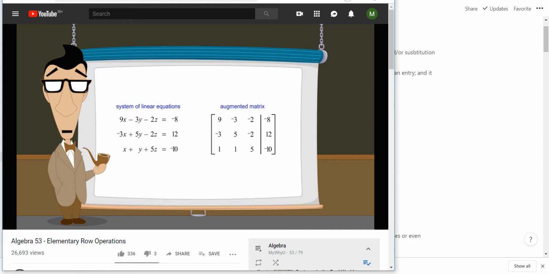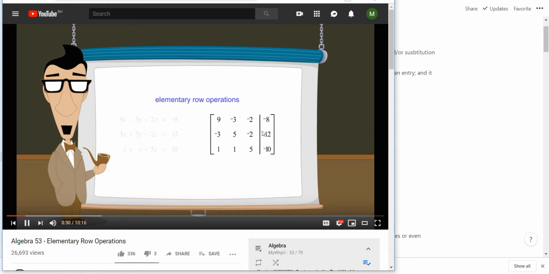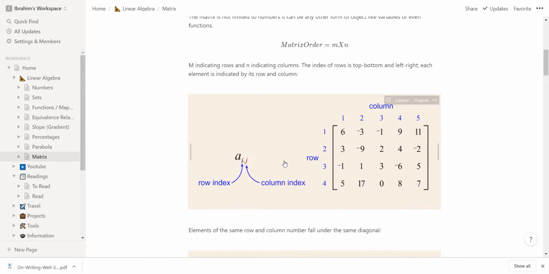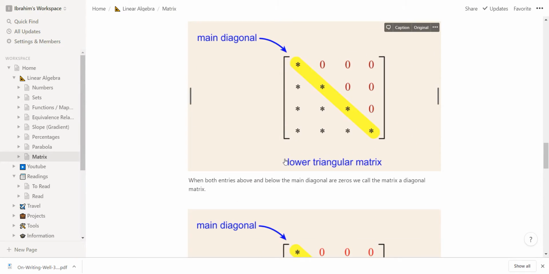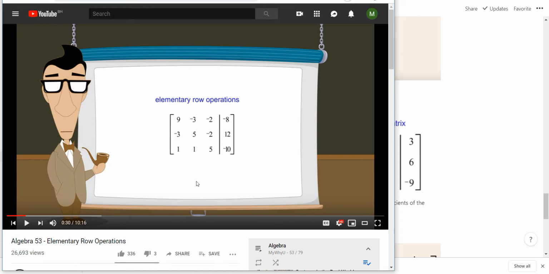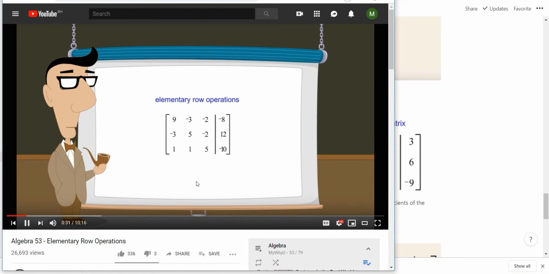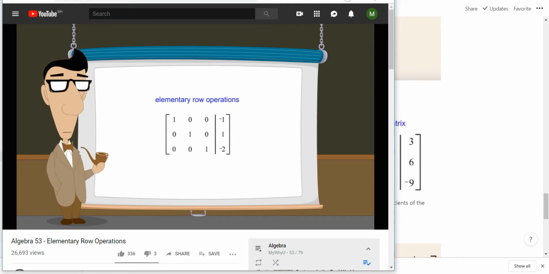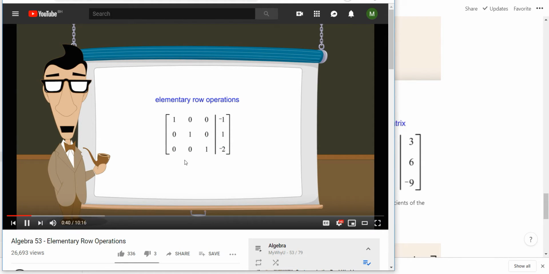In this lecture, we will introduce three matrix operations called elementary row operations, which are used to transform an augmented matrix into a matrix representing a simpler system of equations with identical solutions to the original system.